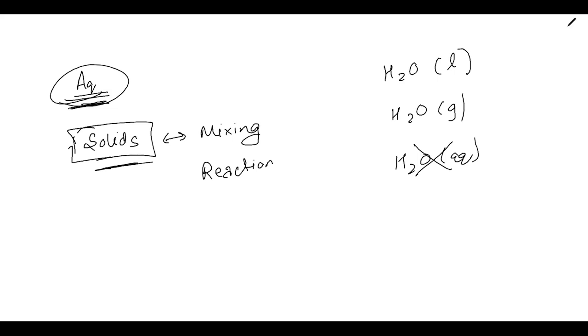Okay, so what happens is, whenever we are considering solids, this means whatever substance we are considering, it will be either powder or any solid metal. If it is any of the two, we consider it to be a solid.